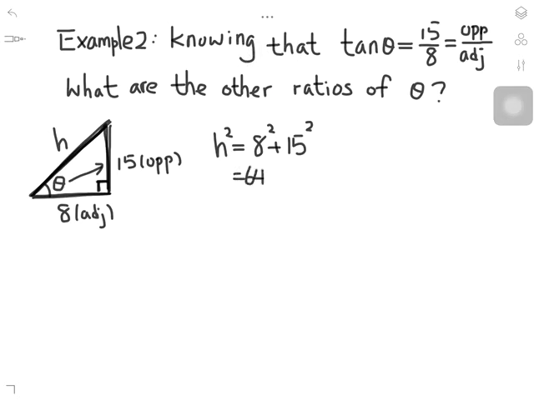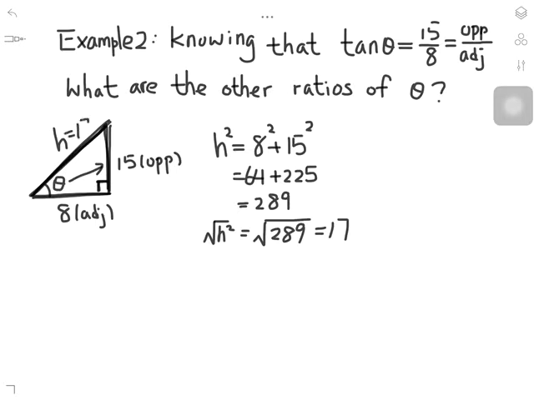And what's 15 squared? So 64 plus 225, we have 289. And what's the square root of 289? The square root of 289 is 17. So every time you're missing a side, you can always refer back to the Pythagorean theorem.